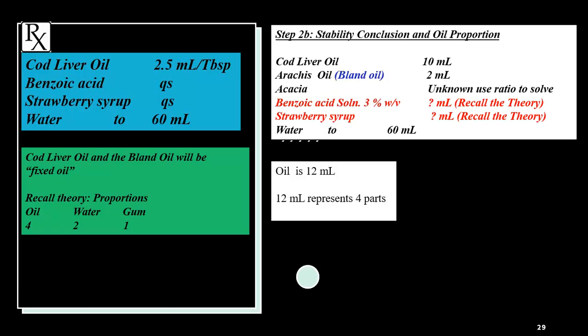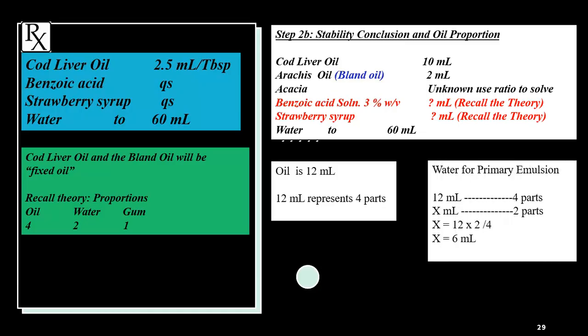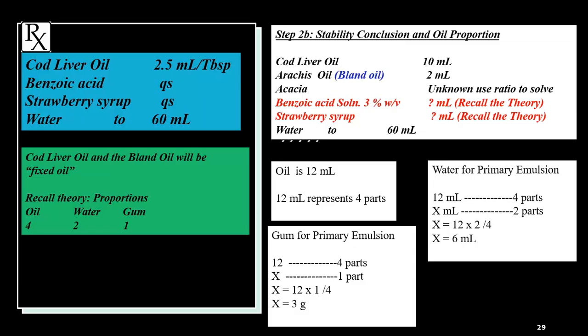So in this context, the oil is 12 milliliters. So again, remember, whatever the oil is, it represents the first part of the ratio table. So 4 parts is now 12 milliliters for this question. So therefore, the water would be half of that, which is 6 milliliter. And the gum will be a quarter of that, which is 3 grams.